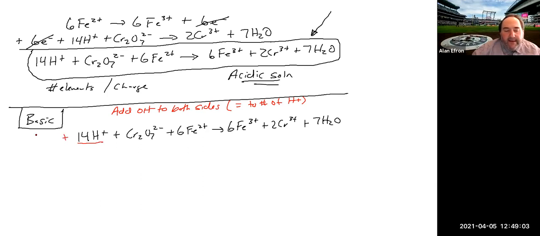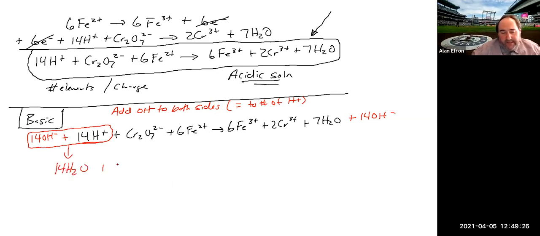I would then add 14 OH- to both sides. Again, OH- added equal to the number of H+. That is because when we take OH- and H+ together, that will now make 14 waters on the left-hand side. Everything else here will remain the same.